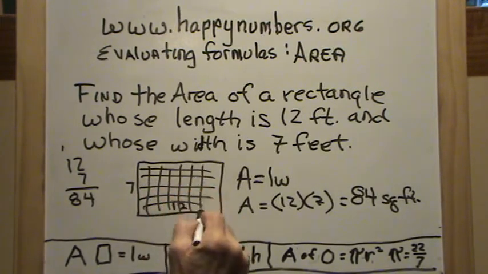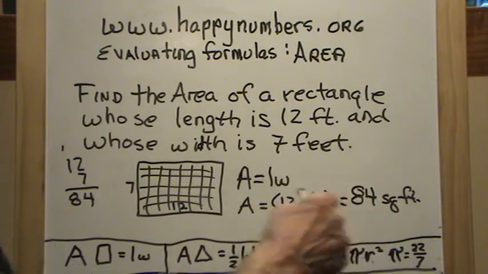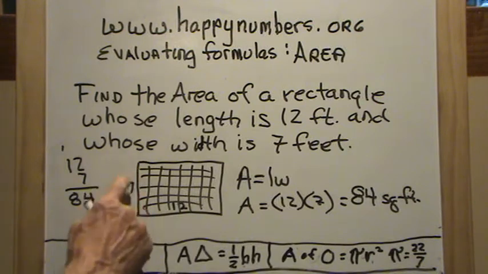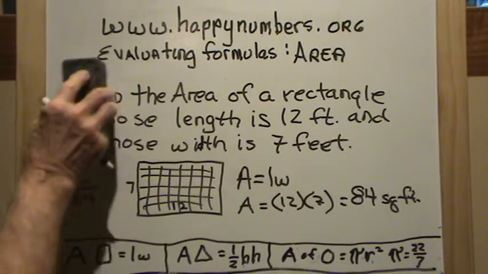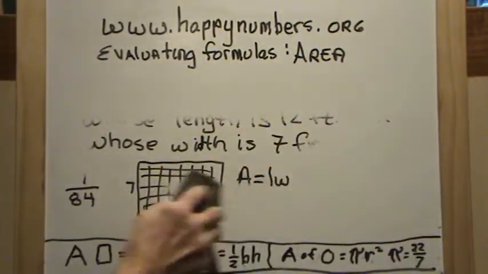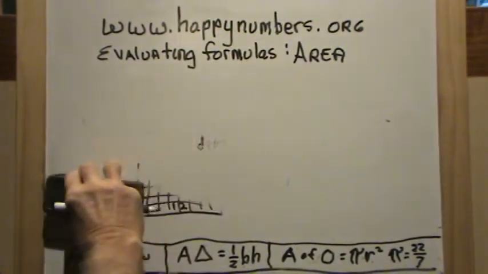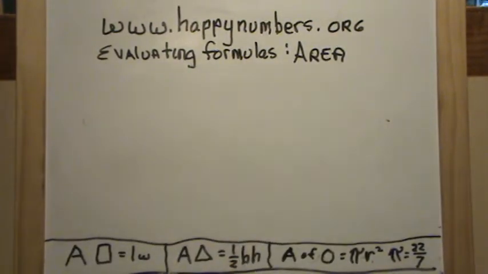So anytime you're dealing with area, you're dealing with square of something. So this is a very simple problem. You just simply substitute in the formula and then solve the problem.